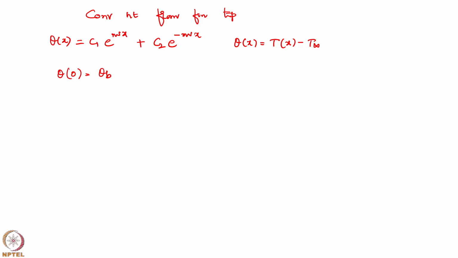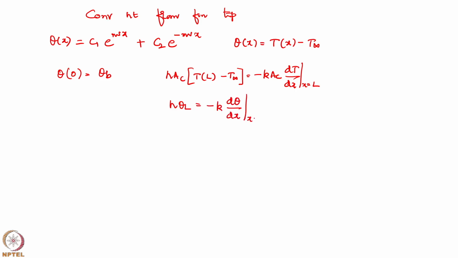That means you have q dot equal to, at x equal to L, h A_C into T of L minus T infinity, which is equal to minus k A_C dT by dx at x equal to L. This is nothing but h into theta L, A_C gets cancelled, equal to minus k d theta by dx at x equal to L.